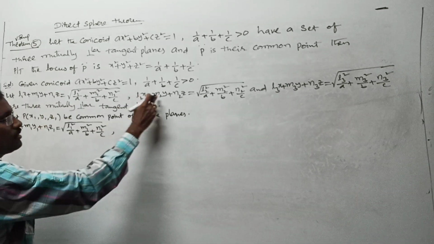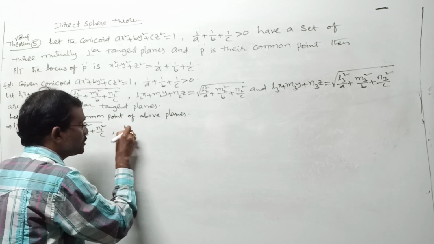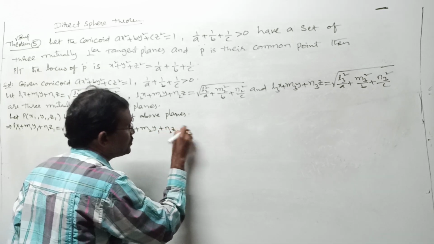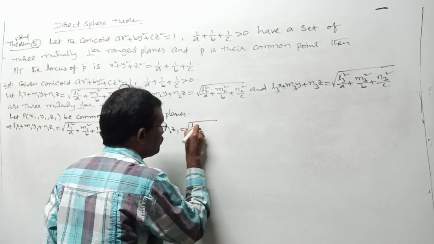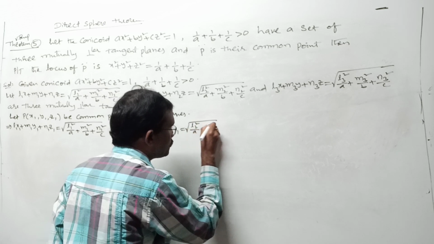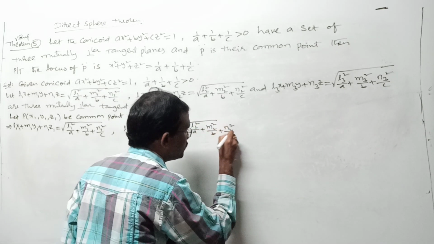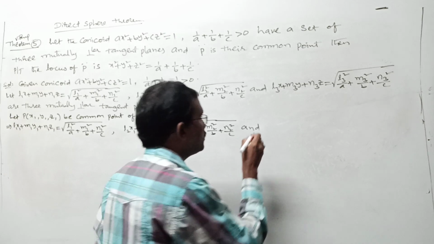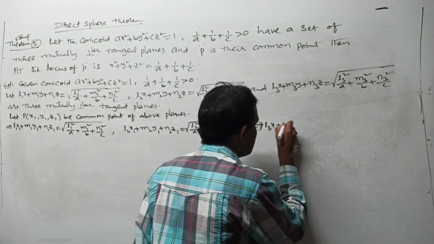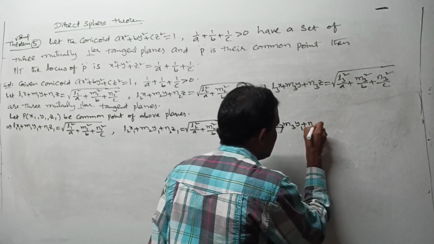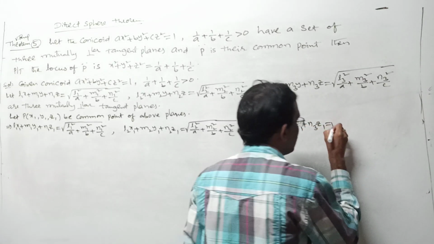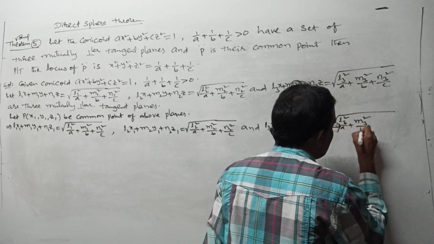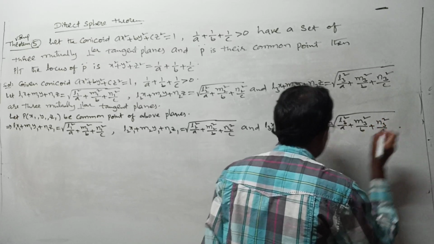Next, if this point is on this plane, it is L2 x1 plus M2 y1 plus N2 z1 is equal to square root of L2 square by A plus M2 square by B plus N2 square by C. And the last one, if this point is on this plane, it should be L3 x1 plus M3 y1 plus N3 z1 is equal to square root of L3 square by A plus M3 square by B plus N3 square by C, right?